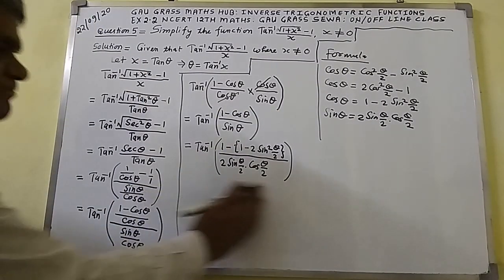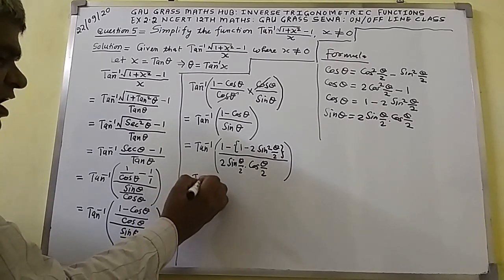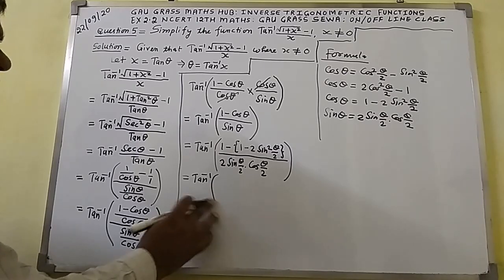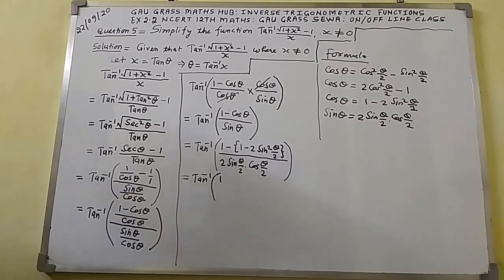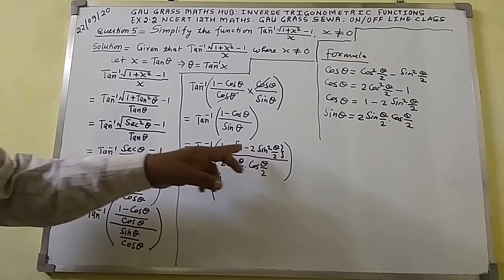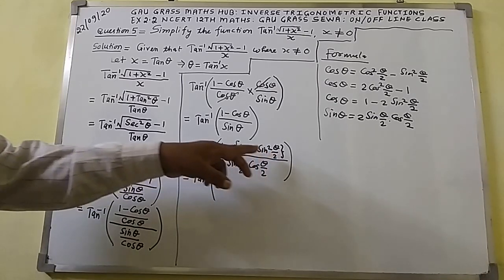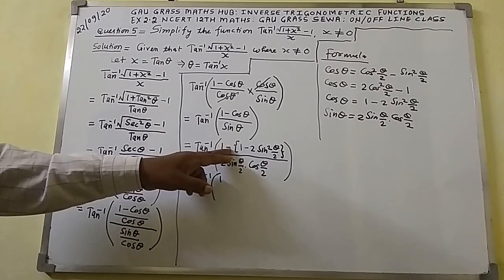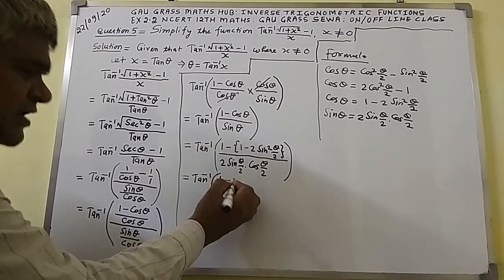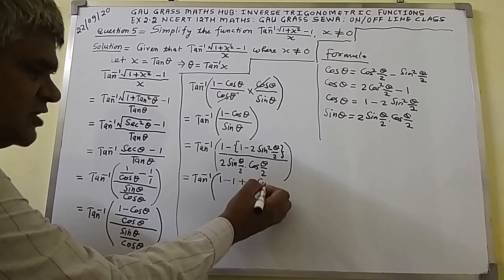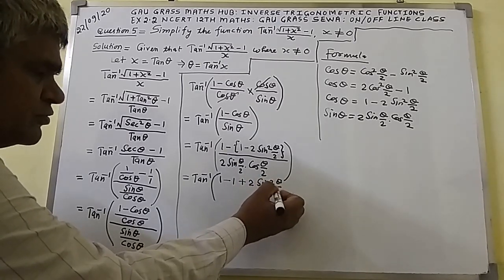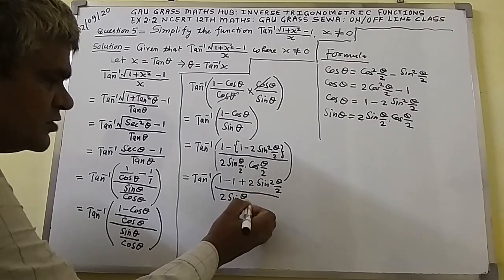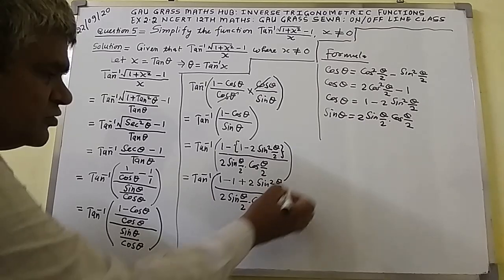Now it will become tan inverse in bracket 1. The curly bracket will be broken, so this minus will enter inside, so it will become minus 1 plus 2 sin square theta by 2, whole over 2 sin theta by 2 dot cos theta by 2, bracket close.